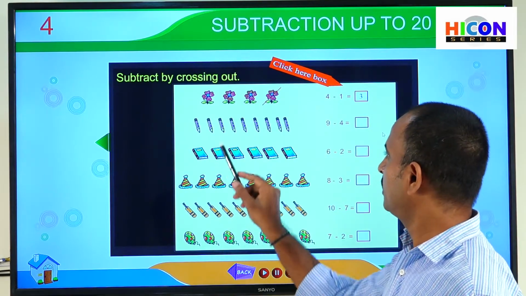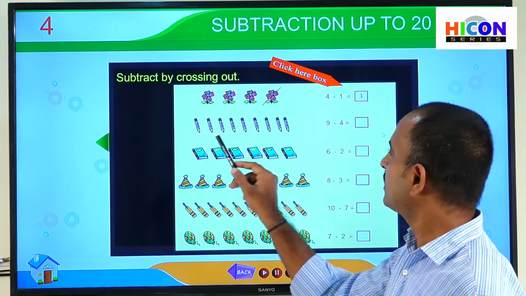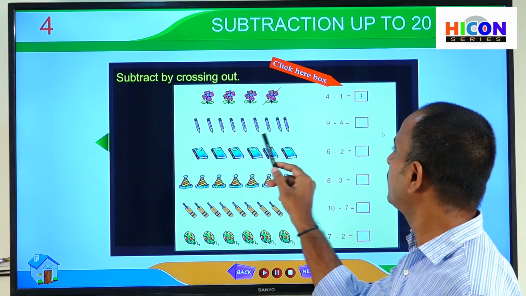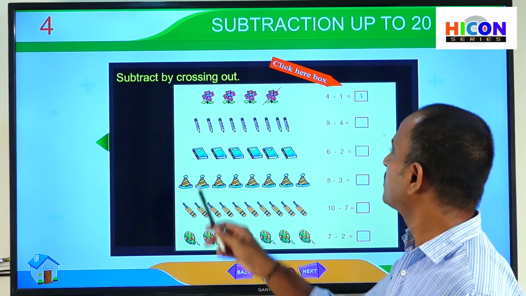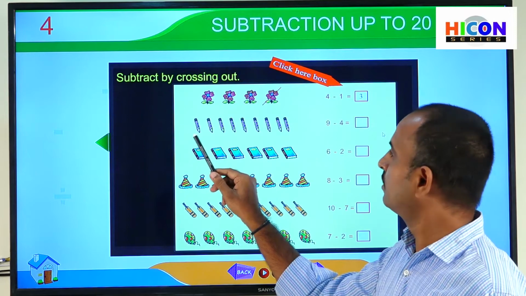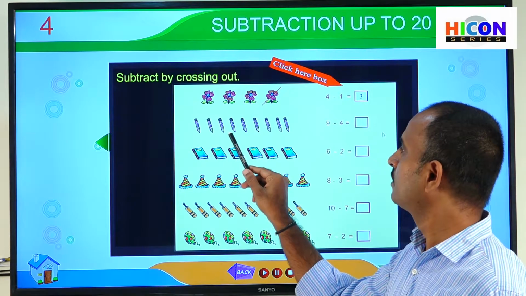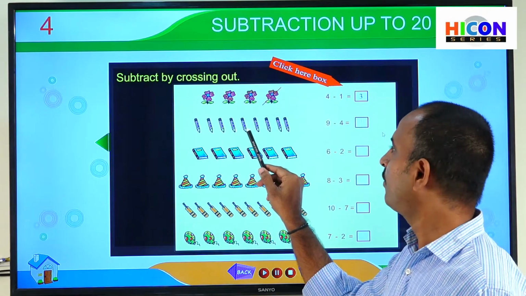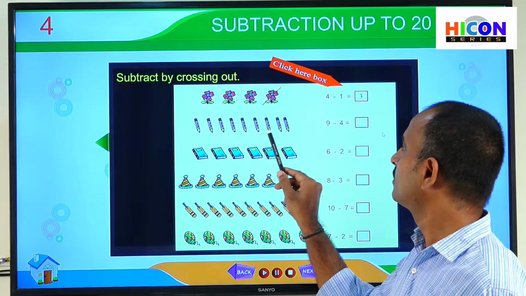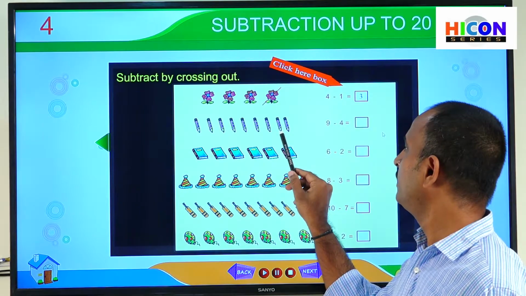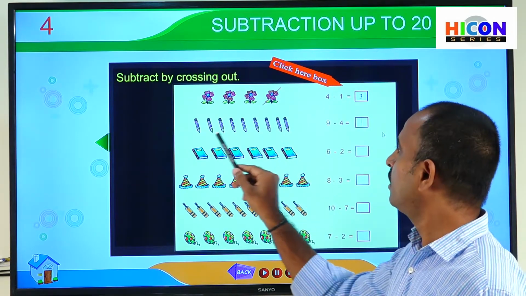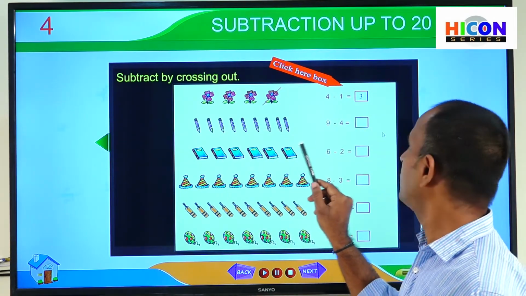In the same way, children, see the second problem. Here they have given some pencils. How many pencils are given here? Let us count 1, 2, 3, 4, 5, 6, 7, 8, 9. So there are a total of 9 pencils given.